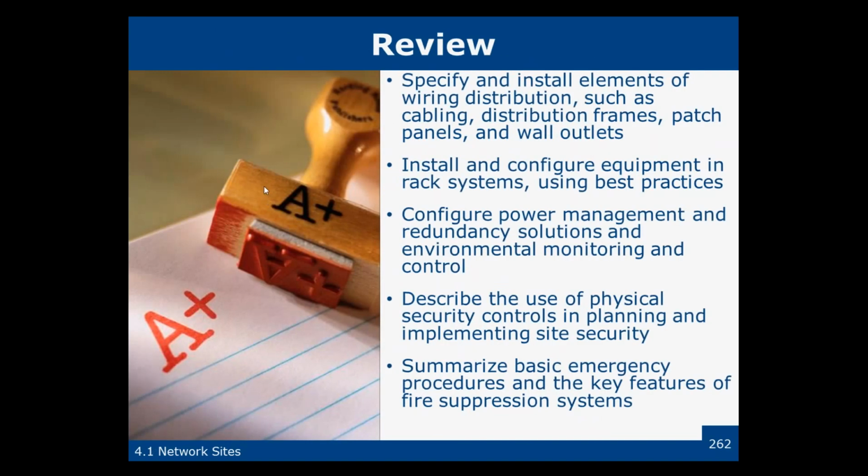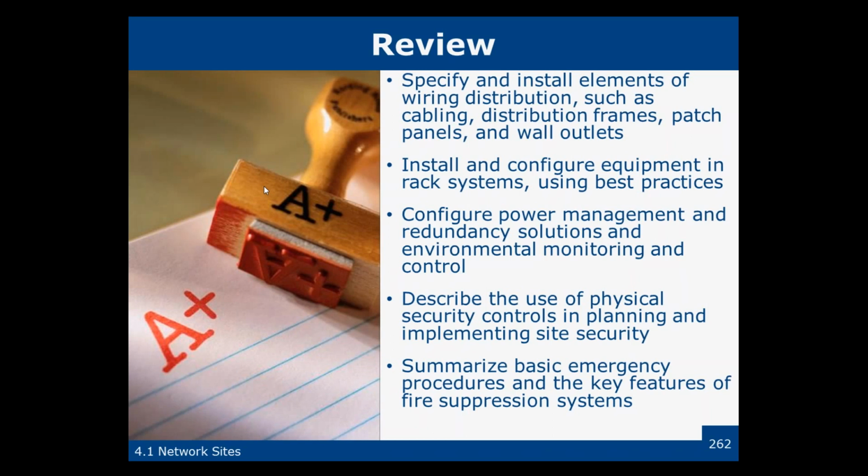So the review of this one is: specify and install elements of wiring distribution such as cabling distribution, frames, patch panels, and wall outlets, and we looked at those briefly. Install and configure equipment in the rack system using the best practices, depending on what kind of racks you use. But you need to get the racks that fit your equipment, obviously.